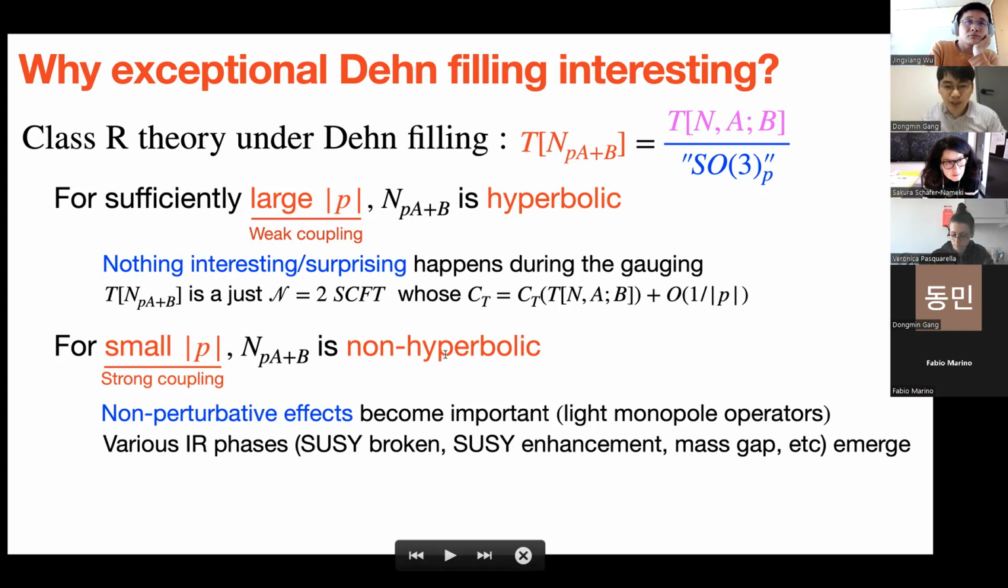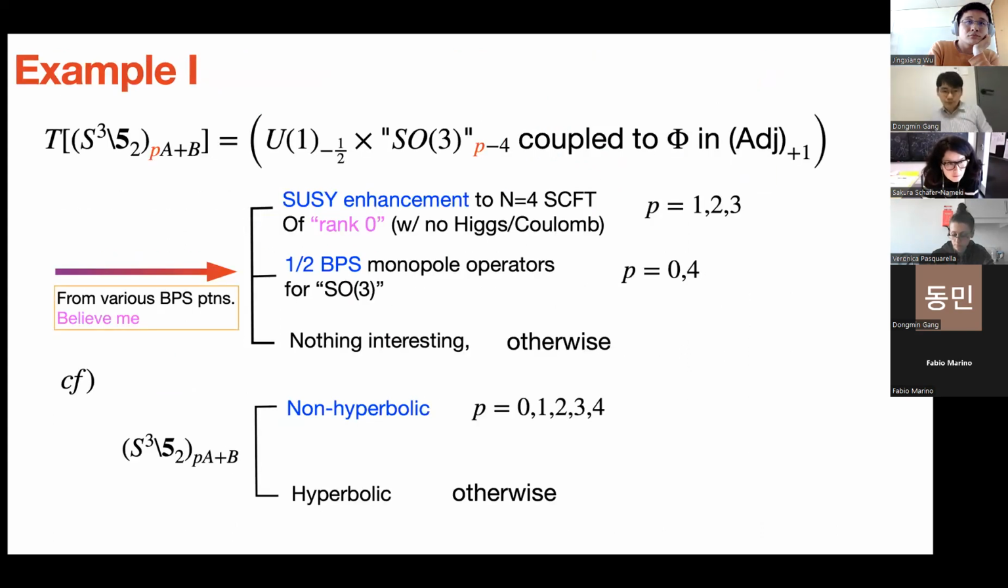So let me give a very concrete example. This is a three-manifold with a torus boundary, called the knot complement, and this is determined by the choice of a knot. We choose a so-called pivot knot, and I forgot to draw this knot diagram, but this is a knot with five crossings.